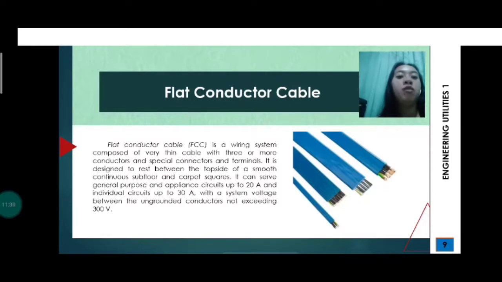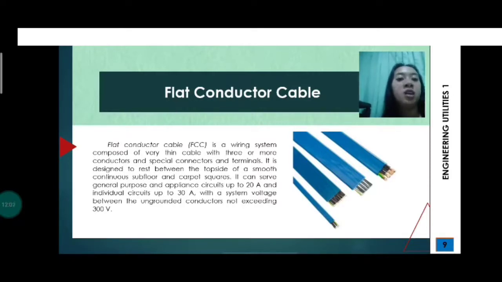It can serve general purpose and appliances circuit up to 20 amperes and individual circuit up to 30 amperes with a system voltage between the ungrounded conductors not exceeding 20 volt.